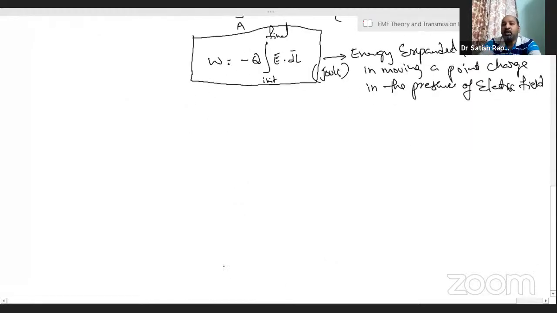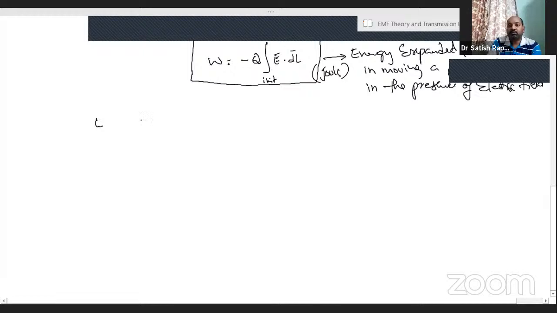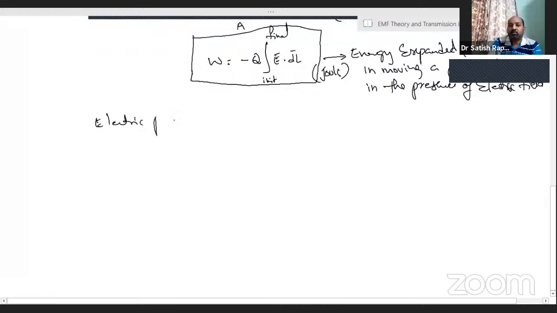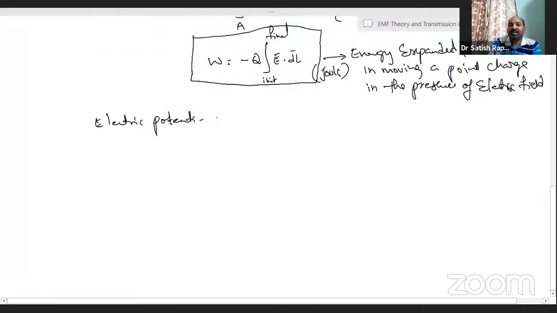Now coming to electric potential. Electric potential is V, and the units are volts.